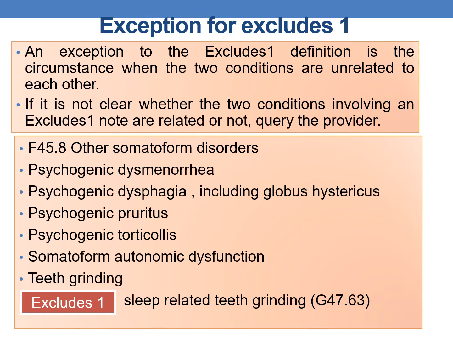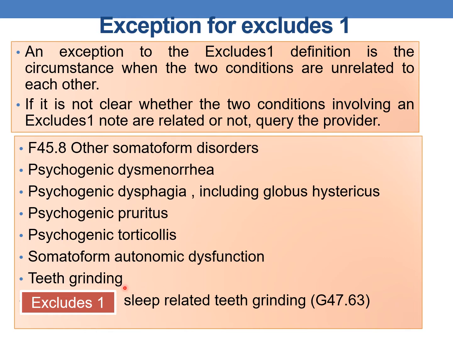So when it comes to teeth grinding, here you can find an Excludes note for sleep-related teeth grinding. Because teeth grinding is an inclusion term under F48.8, only one of these codes should be assigned for teeth grinding. It excludes sleep-related teeth grinding.